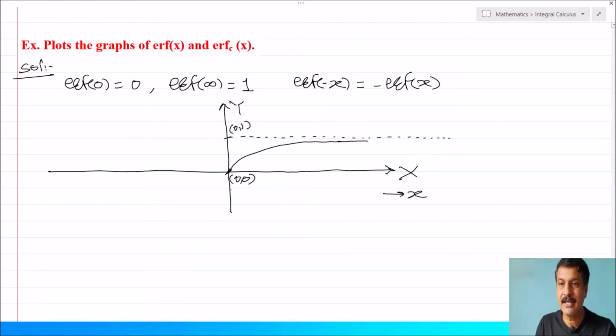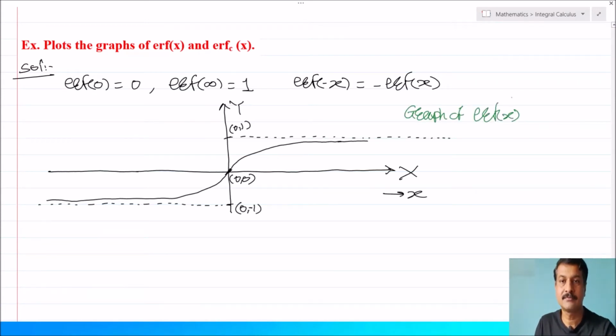Let's see here. Here supposed to be minus 1, so this dotted line is y equal to minus 1 now, and try to maintain symmetry here. So I am getting a graph like this. So this is the graph of error function of x, or y equal to error function of x.